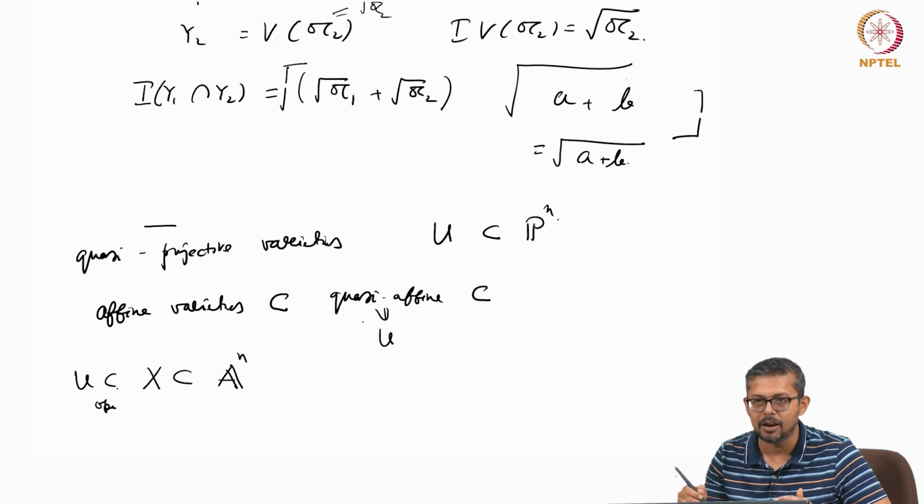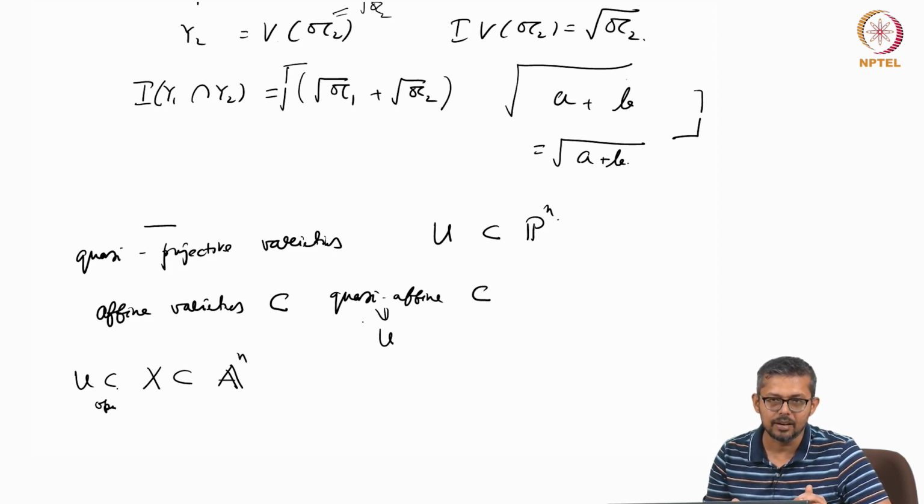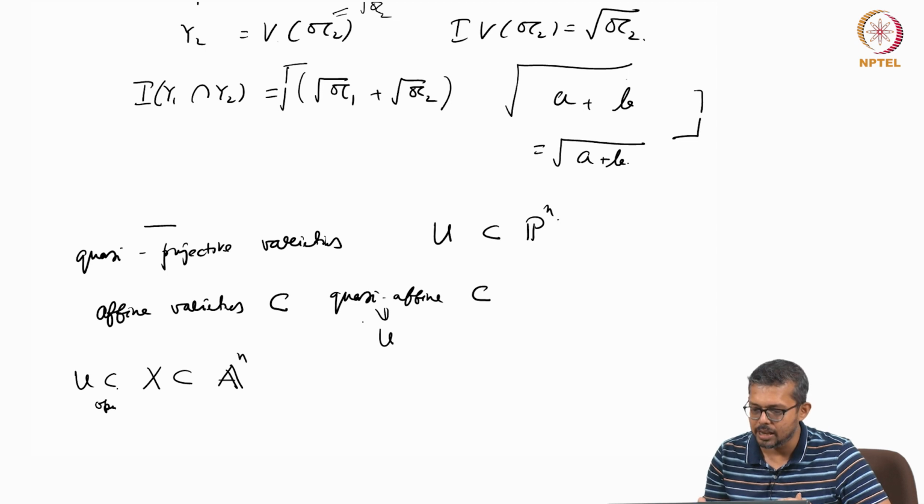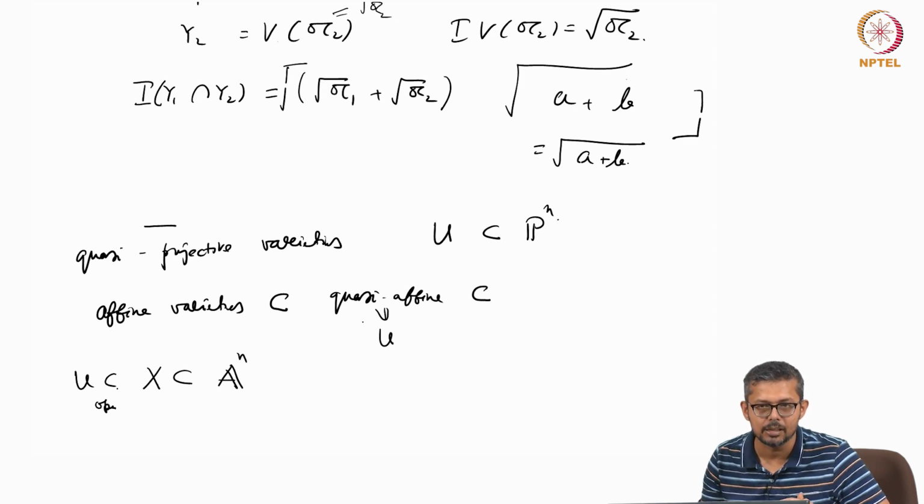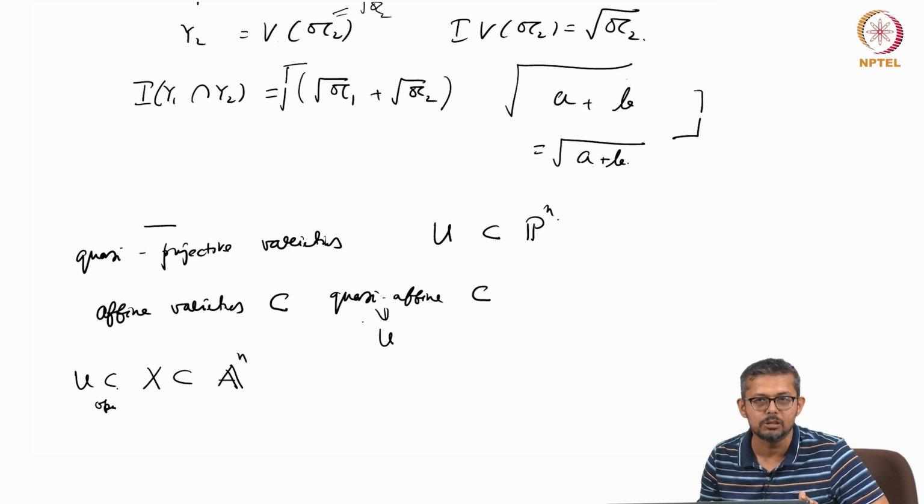So a quasi-affine corresponds to an open subset in AN, right? Because U will be some U prime intersection X, right? So a quasi-affine is an open subset in an affine space. But now affine space is open in projective space. So that will say that open subset is quasi-projective, because AN is in PN open, right?